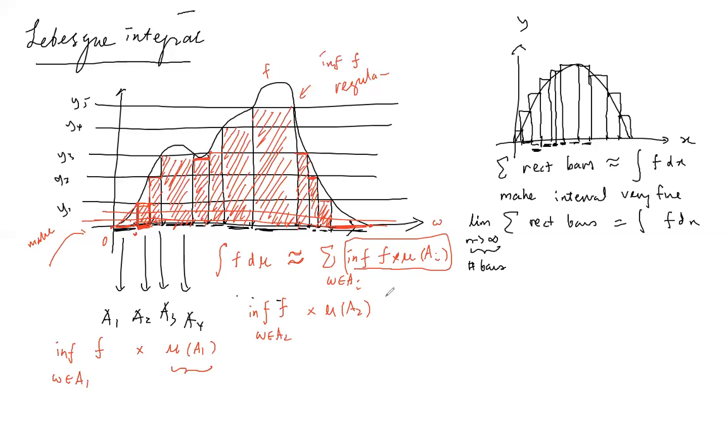So in that case, we would write it like this, the supremum of this sum, mu A_i. Your supremum means you cut it in such a way that this sum is as large as possible.